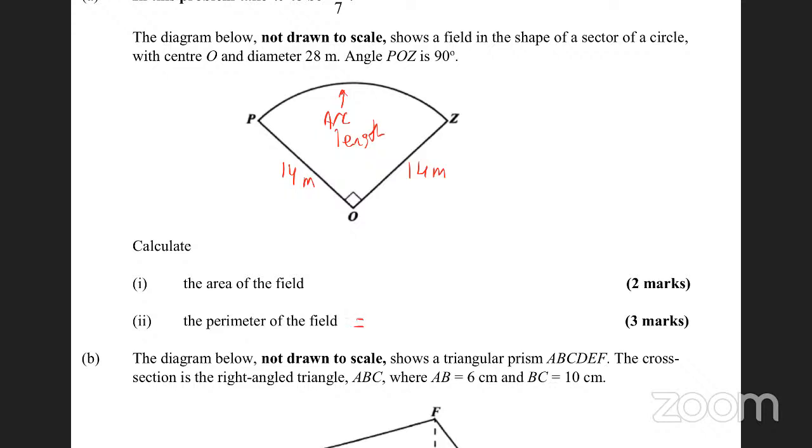Add up everything. 14 plus 14 plus 90 over 360 by 2 pi r. Add it all up, tell me how much you got. No, how much in all did you get?